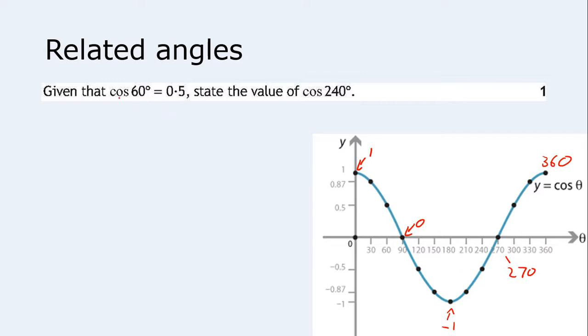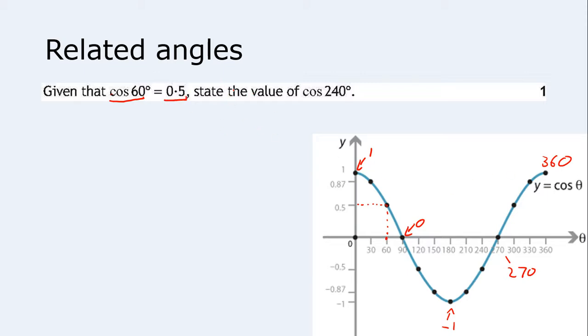Okay, and what this is telling us is that cos of 60, so here at 60, the value is 0.5. And we can check that we've sketched it correctly, because if that says 60 and we read that off as 0.5, that suggests that we've drawn the graph correctly, because that matches what they're telling us.